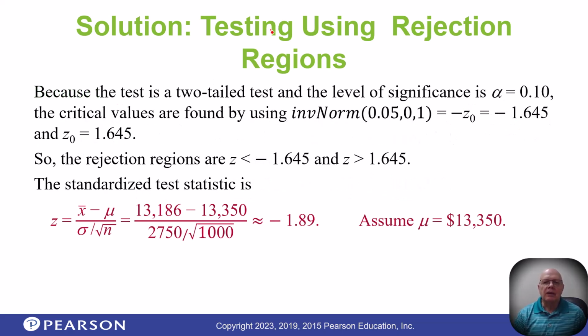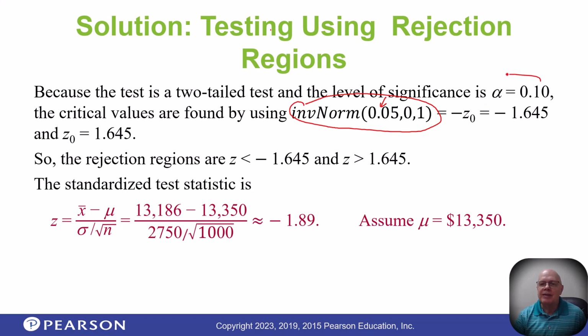So before we can decide whether to reject the null hypothesis or not, we have to find out what the critical value of z is. Well, that means we're going to have to use inverse normal. Now, remember, the area goes here.